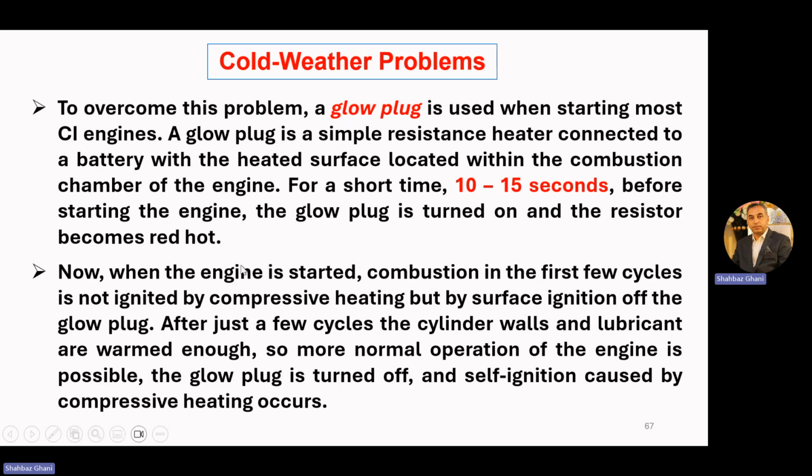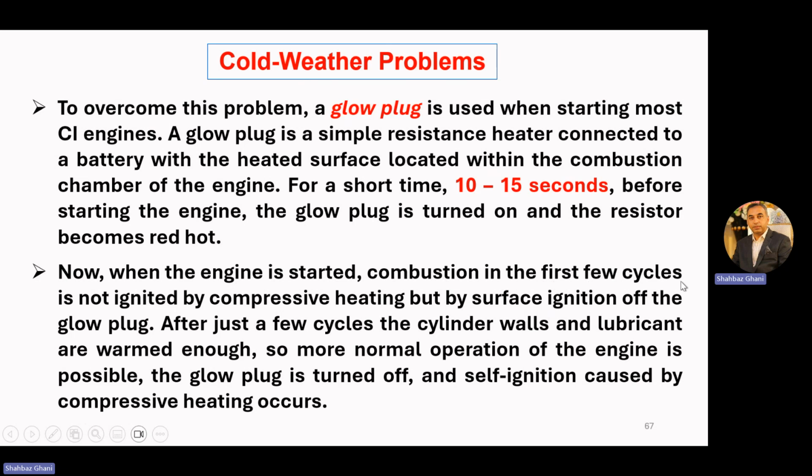Now, when the engine is started, combustion in the first few cycles is not ignited by compressive heating, but by surface ignition of the glow plug. So, due to heating of this small resistance, the engine is started.